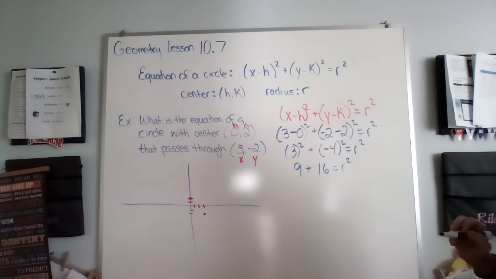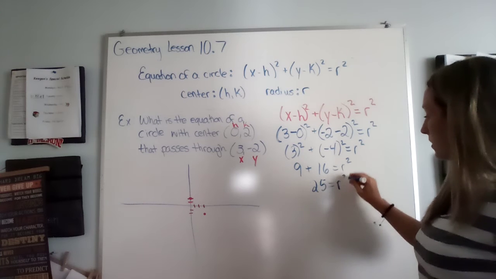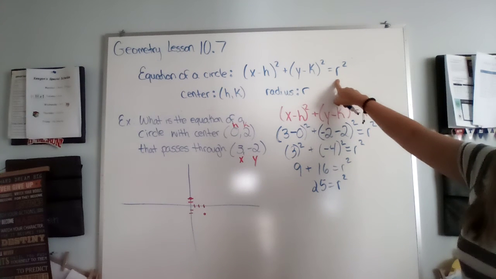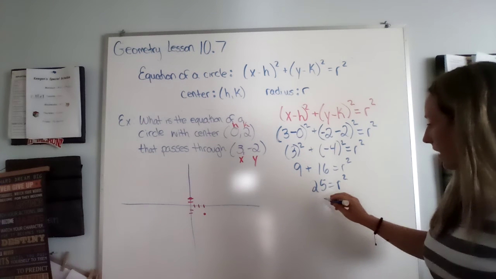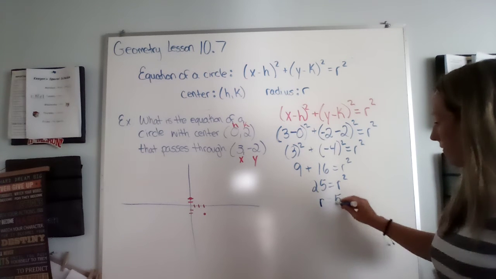So 9 plus 16 is going to give you 25 equals r squared. You can actually stop here because for the equation, you actually need to know r squared. You don't need to know r, but let's just figure out r anyway. Square root of both sides, you're left with the radius length of 5.